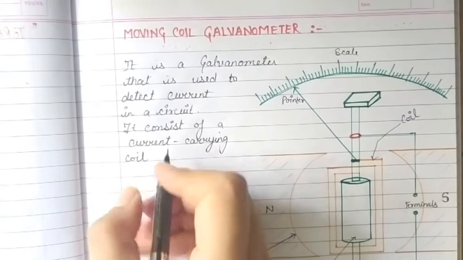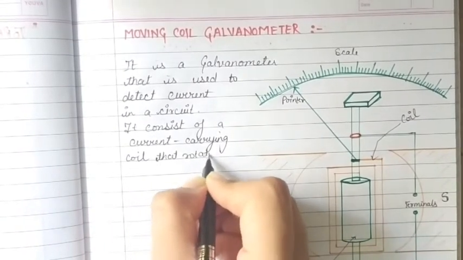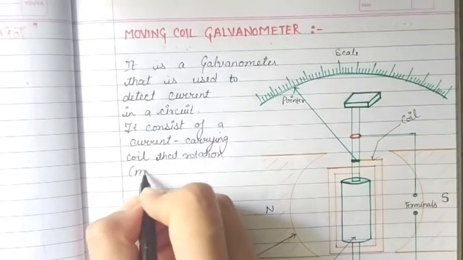Okay, so it consists of a current carrying coil that rotates, or rotation, or we can say that moves.